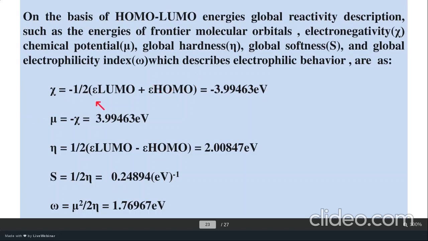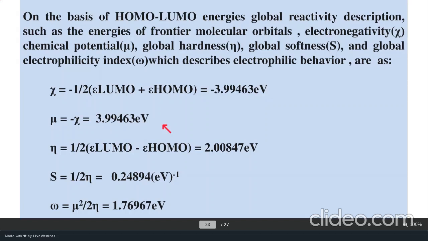By using the energy of LUMO and the energy of HOMO, we can calculate the electronegativity of that molecule. We found the electronegativity of that molecule is minus 3.99463 electron volt. The chemical potential can be described as the energy derivative with respect to the number of electrons at fixed geometry.